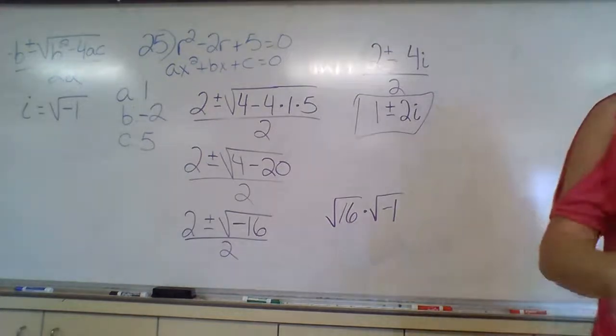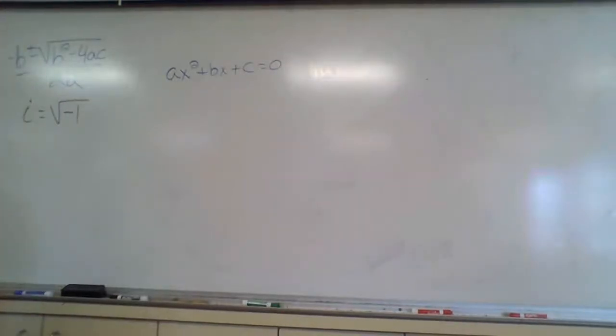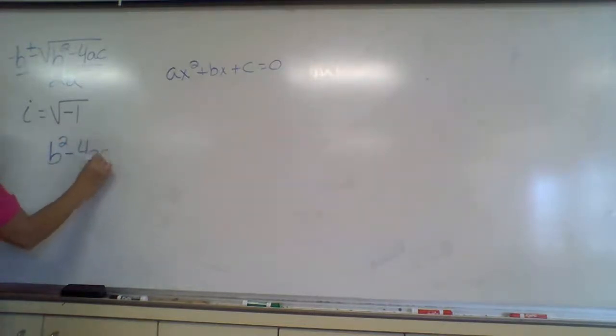Okie dokie. Moving on. Okay, the next part, 26 through 34. This is where you're using the discriminant. So the discriminant is what is underneath the radical. So it's b squared minus 4ac.